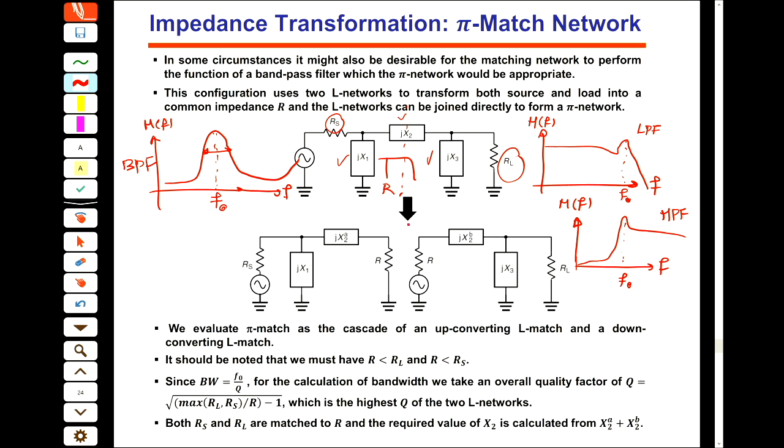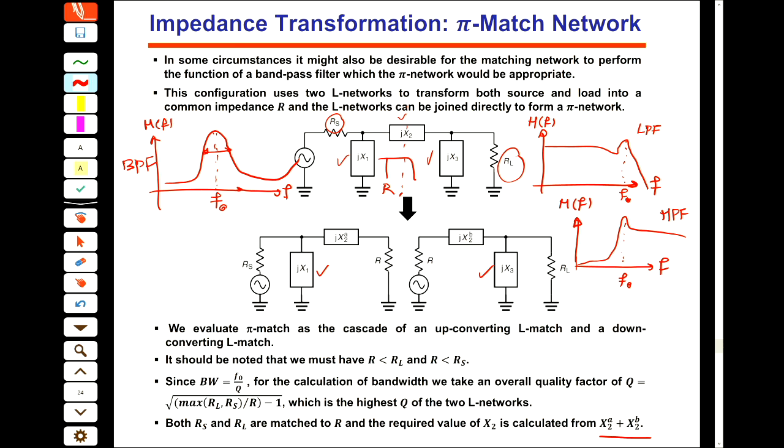I divide these into two circuits and follow the same instructions that we had in the previous one. At the end, the value that I found here for X3 is the same as what we found before, and the value for X2 is the addition of these two. I mean, it's X2A plus X2B.